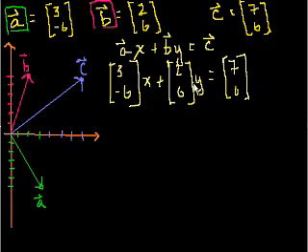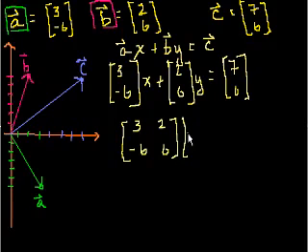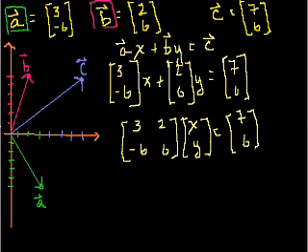Now, this problem can be rewritten, just based on how we've defined matrix multiplication, as the matrix with columns (3, minus 6) and (2, 6), times (x, y), is equal to (7, 6).